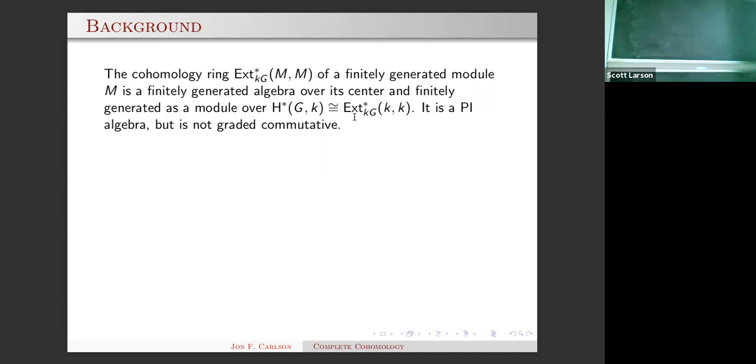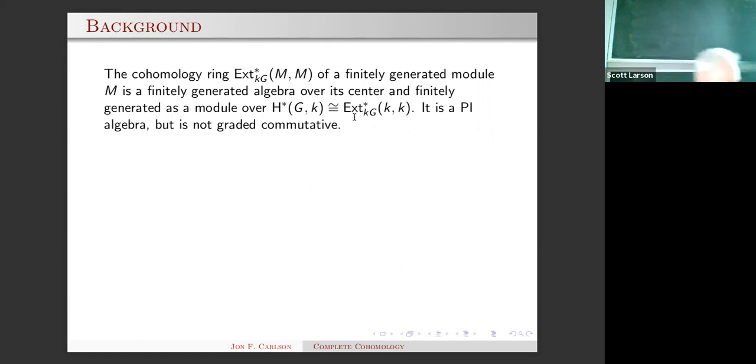A polynomial identity might be something like xy minus yx. If it satisfies that, meaning all those are 0 for every element in the algebra, then the algebra is, well, commutative, right? And 2 by 2 matrices satisfy another polynomial identity, etc. So it is a PI algebra like that.